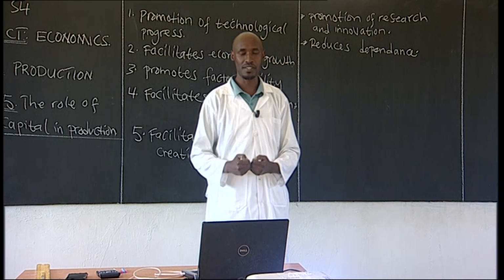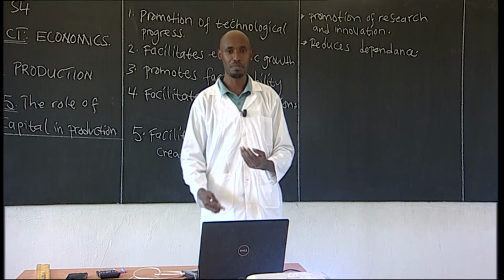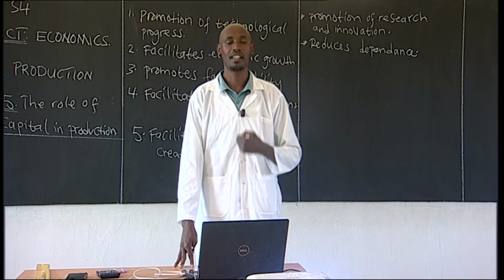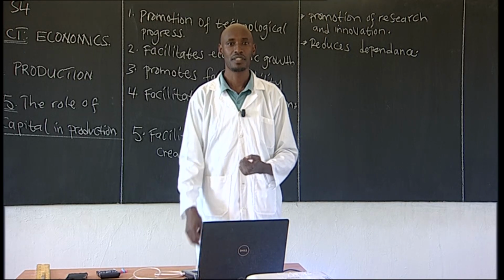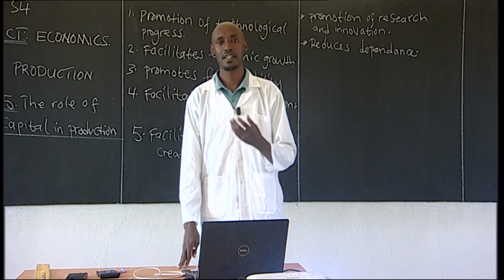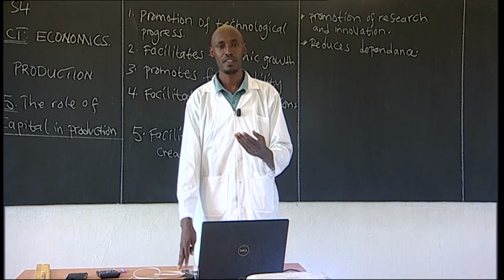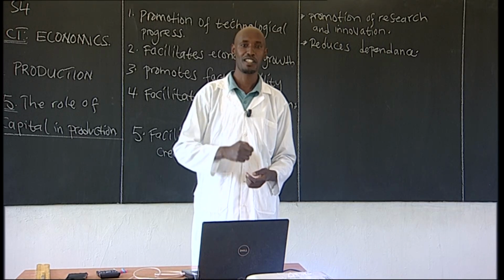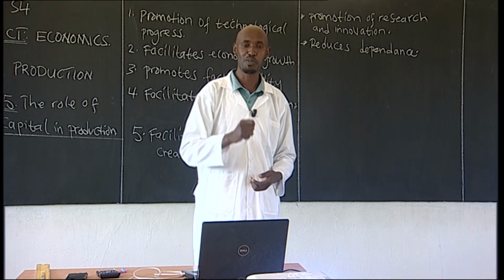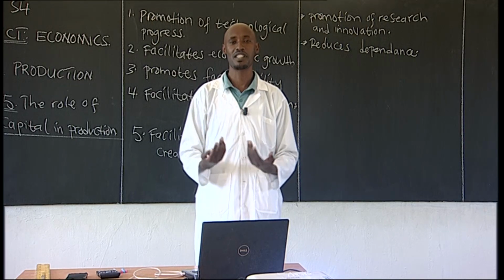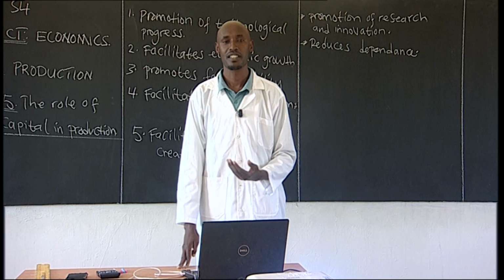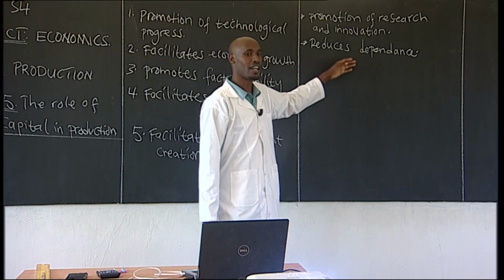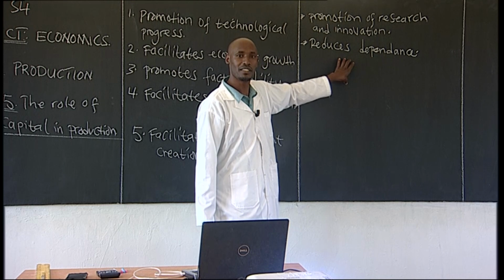But if there is capital, what does it mean? We can save. We can invest. As we invest, we get income. If we get income, we save. Then we invest. You find that the circle is moving and people's standard of living is increasing. Why? We have capital to carry out investment.